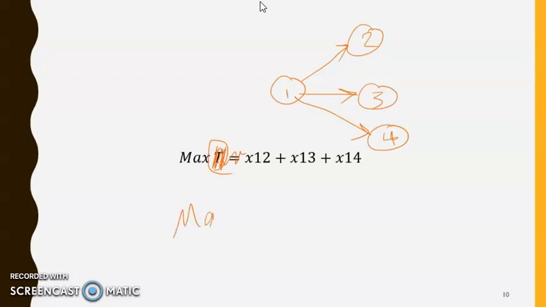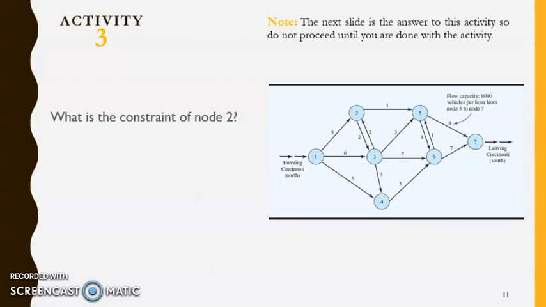Just write maximizing x12 plus x13 plus x14, because it is equal to the flow that will get out of node 7. Now you have the objective function.